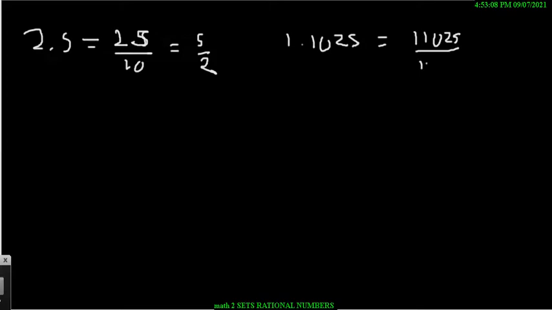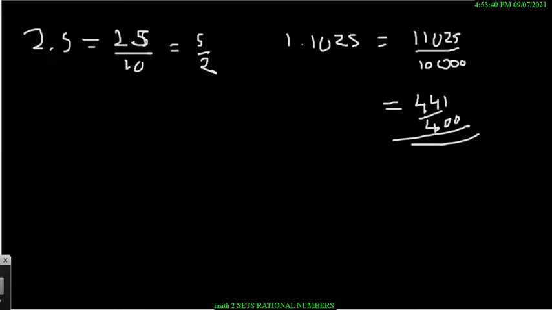So this should be equal to, I can use 25 into this, which should be 441 divided by 400. I think this is as far as we can go for this one.